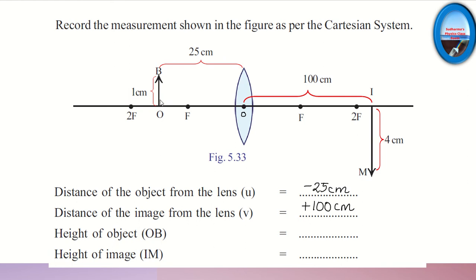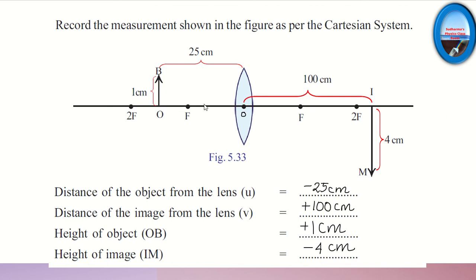Now the height of the object OB is given as 1 centimeter. It is above the principal axis, so it is plus 1 centimeter. The image height IM is below the principal axis, so it is going to be minus 4 centimeter. I hope it is clear.